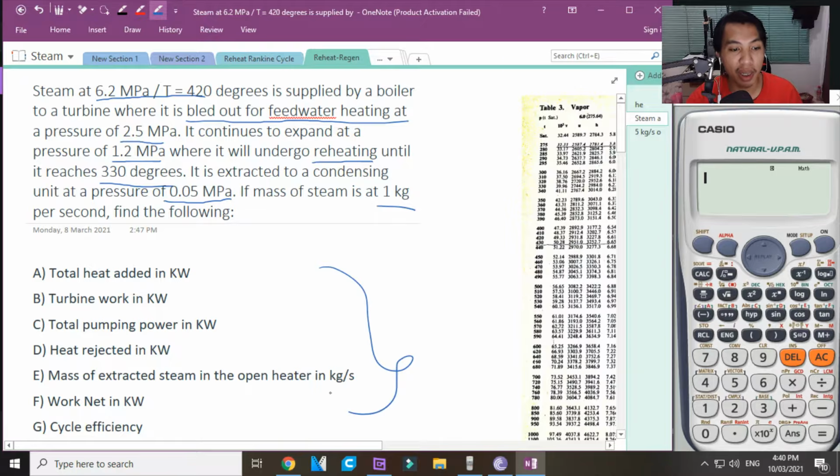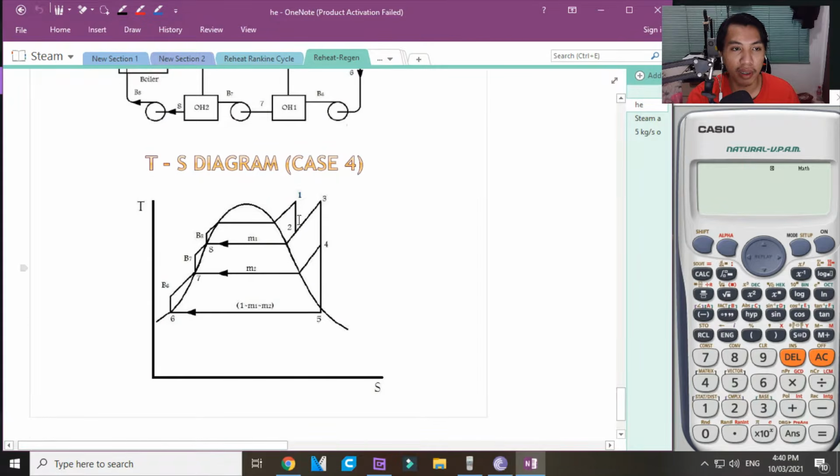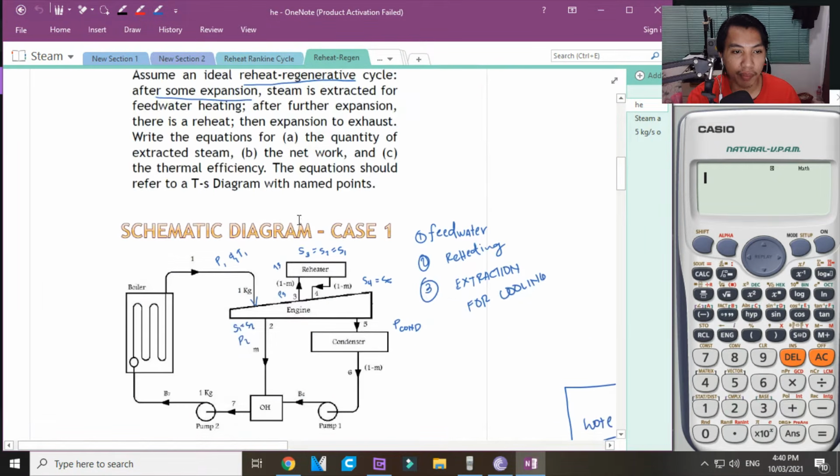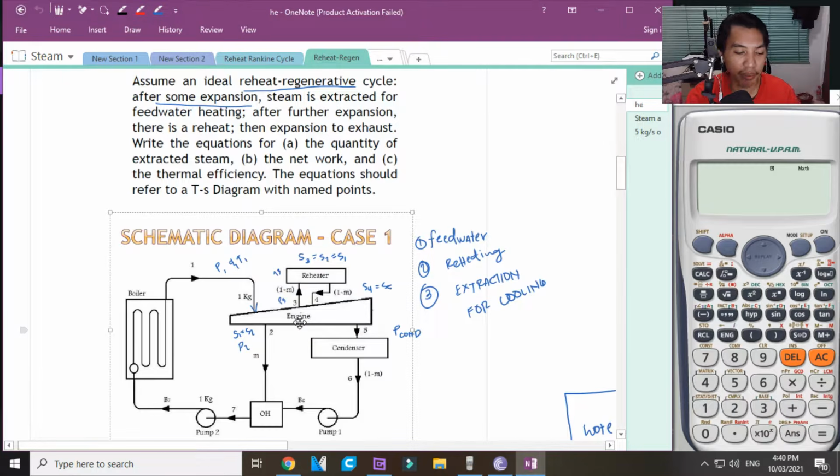Okay, naintindihan ba natin yan? Sir, medyo malabo. Yes, talagang ganun yun. Ang gagawin mo, okay? Case 1 yan eh.